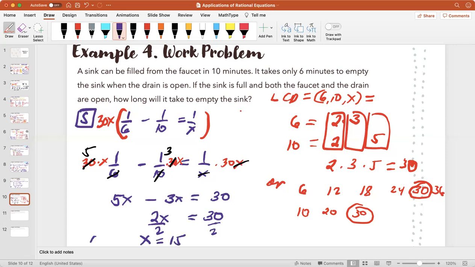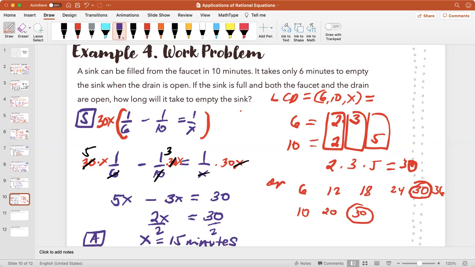What's the unit? Hours, minutes. All right, minutes. So we have 15 minutes. It means that if both are open, the sink will be empty in 15 minutes.